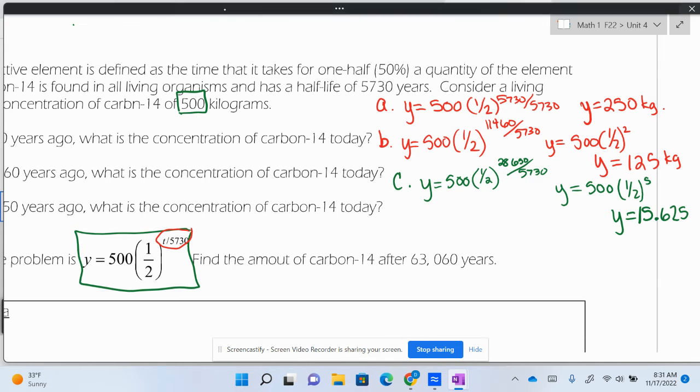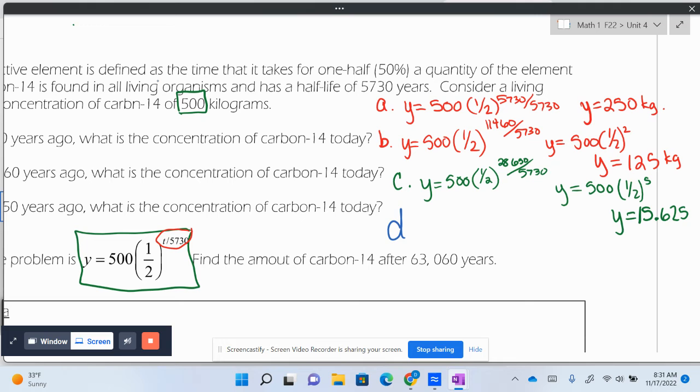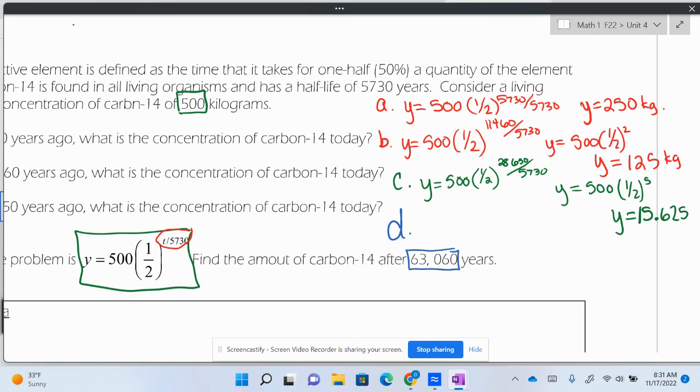Did you guys get that? Okay. Now let's do question D. Same setup, only this is what we're dividing. So y equals 500 times 1/2 to the power of 63,060 divided by 5,730.